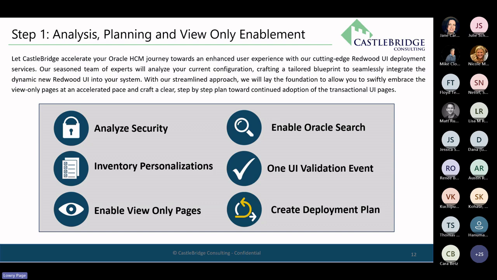Maybe there's not the exact same functionality in the new page, or maybe the tool doesn't migrate that specific personalization yet. We're giving clients an output that says here's what you have and here's what the manual effort will be. We also know that the personalization migration tool is being enhanced and updated with each release and with the new pages coming out, so as you start to actually move, we'll reevaluate that as well.